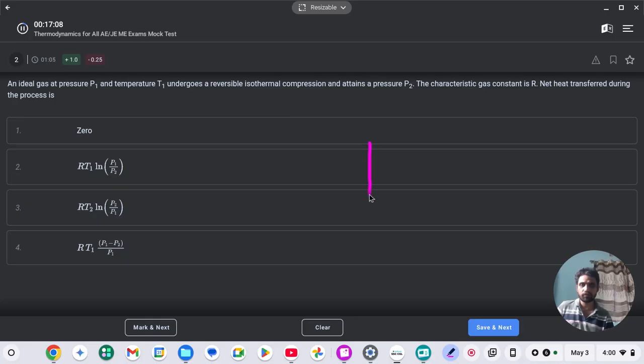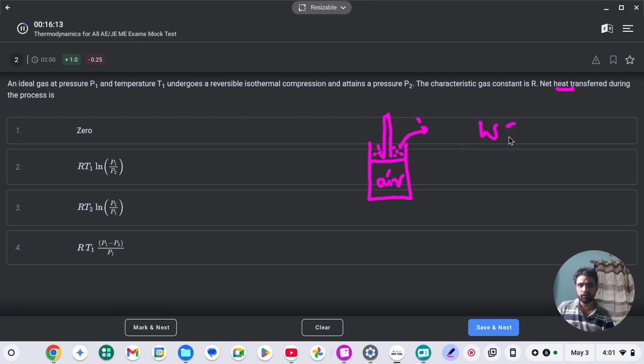Suppose it is a piston with some gas, and there is a mound of sand on the piston, and we are removing one grain of sand at a time. So at every point of time it will appear that the system is in equilibrium.